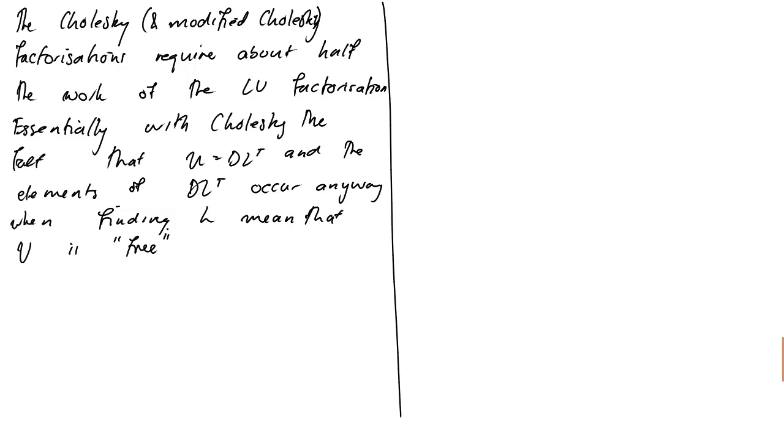So what I'm going to do is a big example here, just to make this clear without giving you the algorithm in any kind of formal sense. Let's see what happens. I'm going to write down a general 4x4 matrix A. We're going to assume it's symmetric, but I will write all the entries in full anyway.